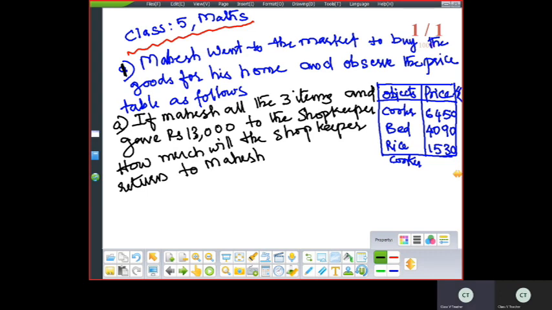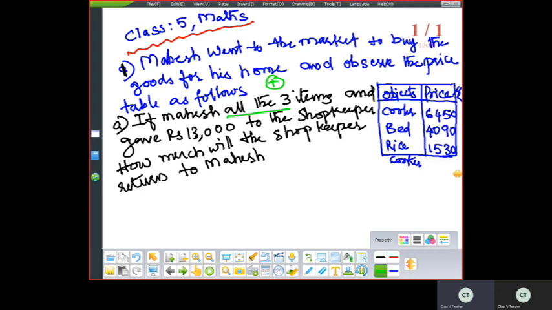Okay. So firstly, let us understand the question here, children. If Mahesh bought all the three items, all. So all means what you have to do here? Addition. With the keyword all itself, you can identify that it is an addition. Then, and gave rupees 13,000.